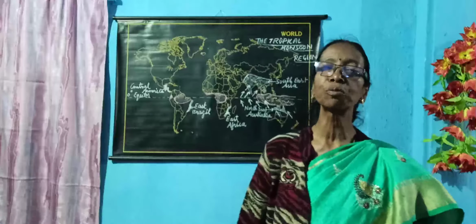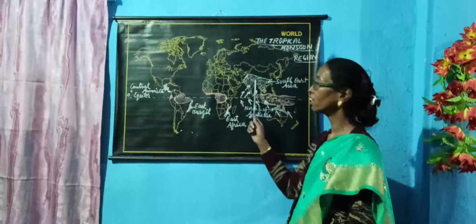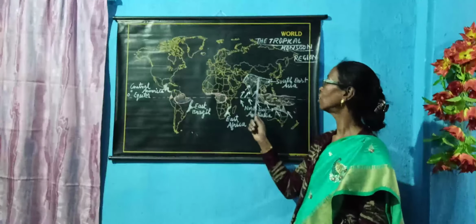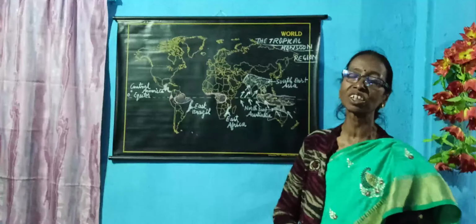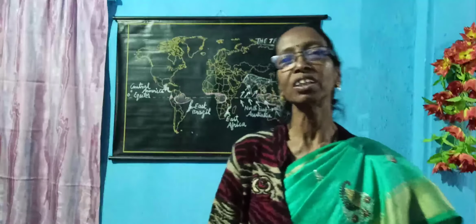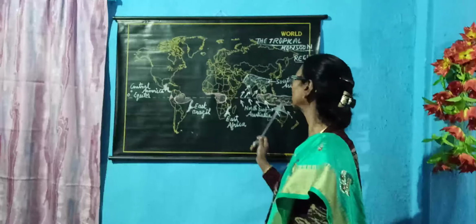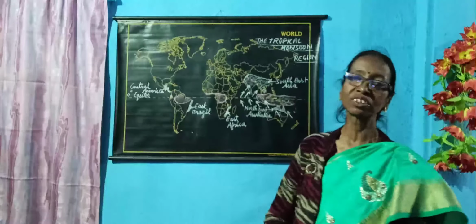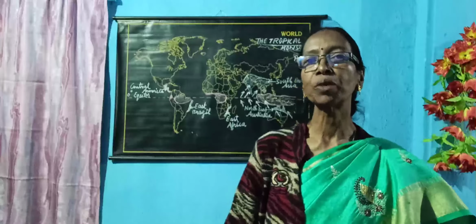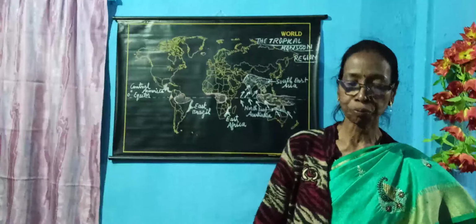Monsoon is an example of periodic wind which blows from sea to land in summer season and land to sea in winter season. So accordingly, monsoon winds affect large areas, and all these areas are being affected by the monsoon winds. India is a subcontinent largely affected by the monsoon winds.